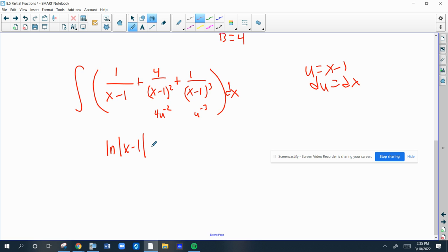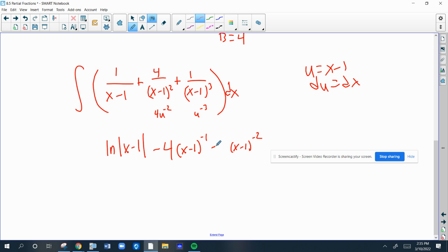The second one, we're going to integrate u to the negative second. So that would be u to the negative first times a negative 1, so minus 4 over x minus 1. And then the third one, when we integrate, you'll get u to the negative second times a negative 1/2.